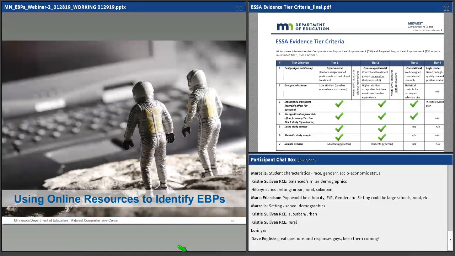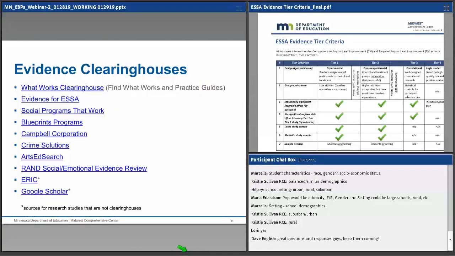All right, so what we're going to do now with the remaining time is we're going to explore some of the online resources available. We got into the Works Clearinghouse a little bit last session, and we're going to dive deeper into that. But we're also going to take a look at some other clearinghouses.